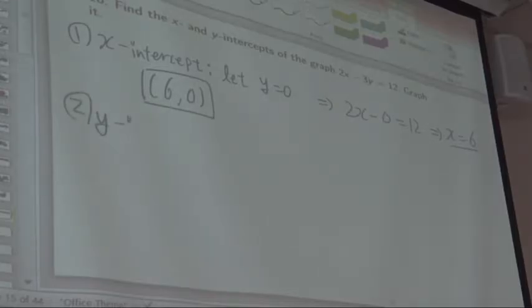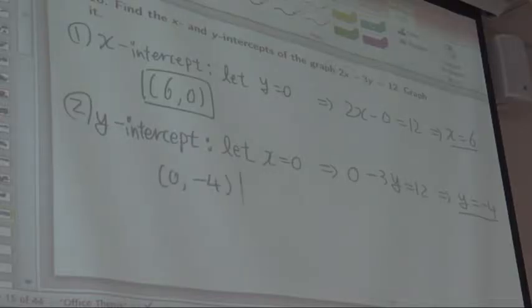And the y-intercept is, let x equal 0, which is 0 minus 3y equals 12. So y equals negative 4. So that means (0, negative 4) is the y-intercept.